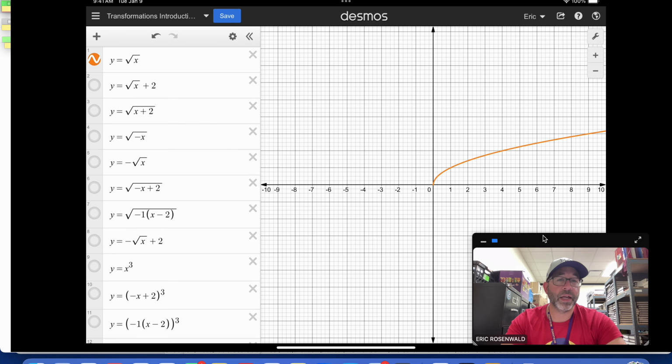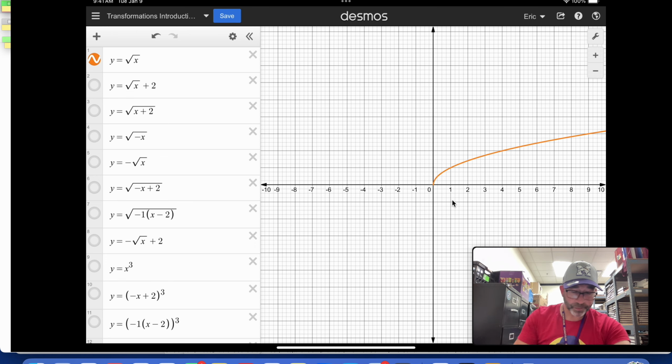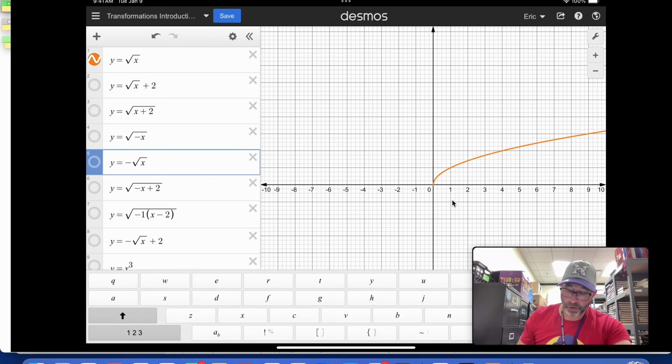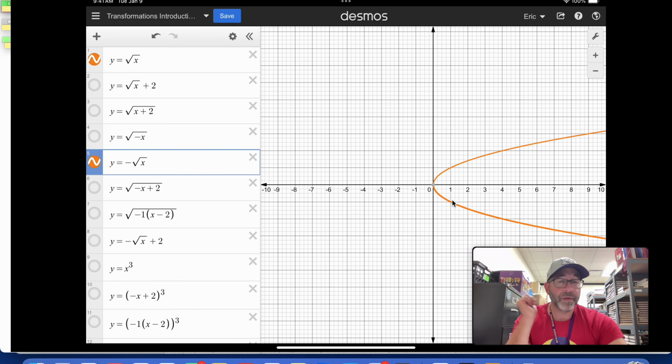If I have a 1 right here, the opposite y value of 1 would be down here at a -1 if I don't change my input. So what this will cause is a reflection over the x-axis. So a negative attached to x means we're going to reflect over y, and a negative attached to y means we're going to reflect over x.